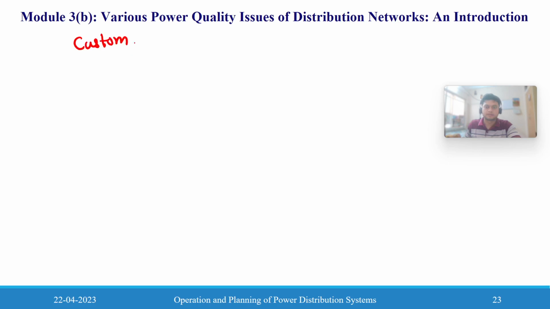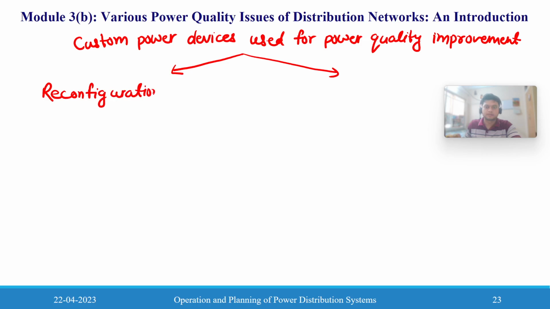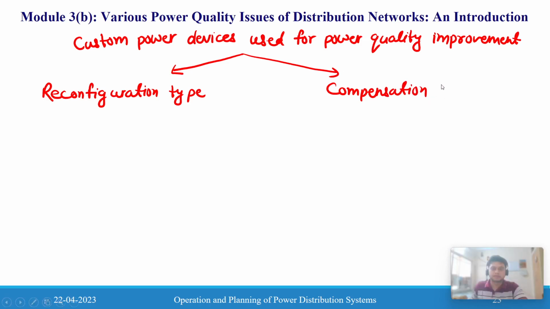Therefore we can write: custom power devices used for power quality improvement, and they basically consist of reconfiguration type or compensation type.